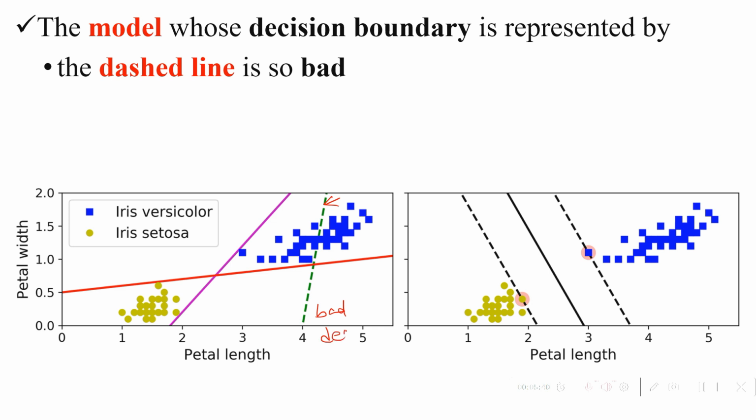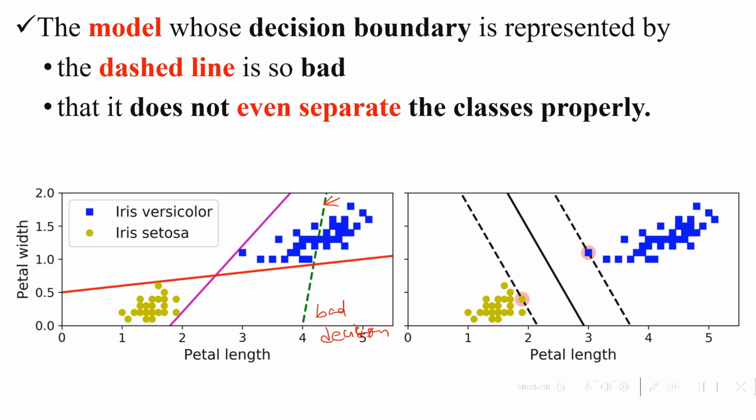This decision boundary does not separate the data points into two classes properly. The blue colors are separated into two parts, but our aim is to classify setosa and versicolor separately. So the dashed line is the wrong model.